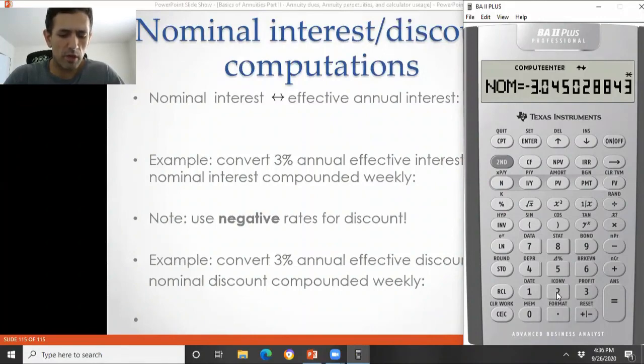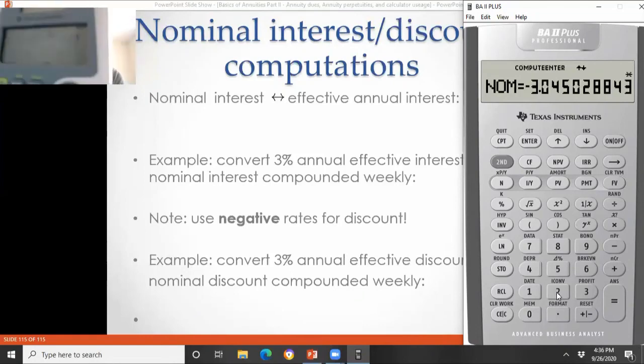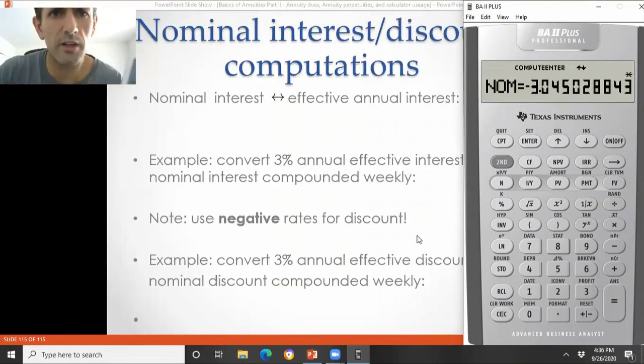Give me 1 second. And we'll see just how much easier it is, really. Let me make this bigger.